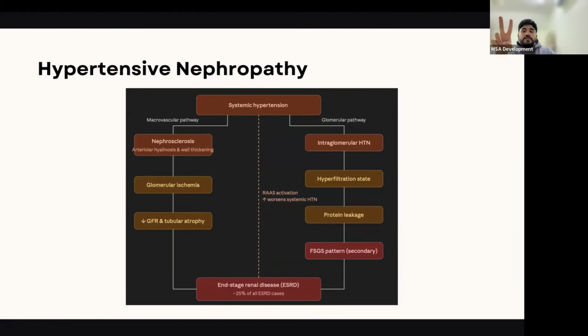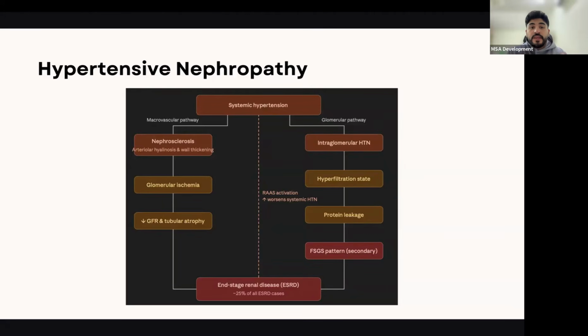Now, moving on to hypertensive nephropathy. There are two ways that a patient with hypertension is going to present to you with end-stage renal disease. First way is the glomerular way, just exactly what happens in diabetes, right? The intraglomerular pressure is going to increase, or they're going to have intraglomerular hypertension, hyperfiltration, protein leakage, and then eventually they're going to have end-stage renal disease.